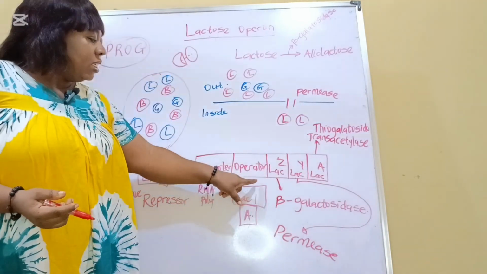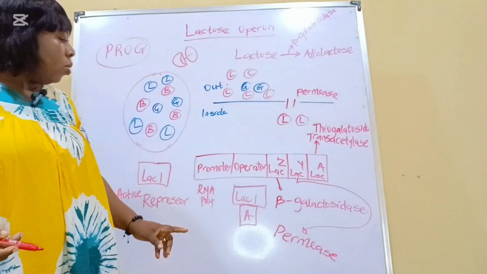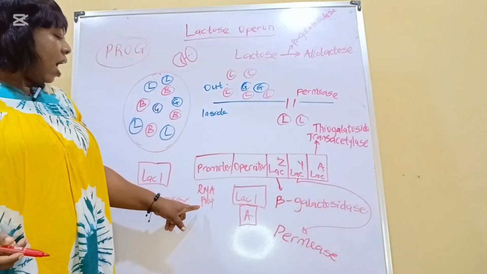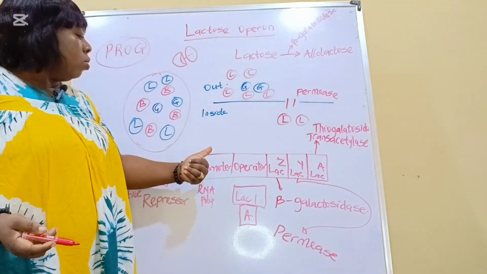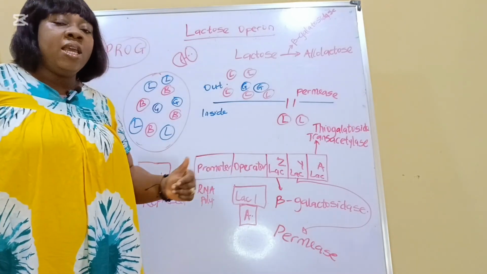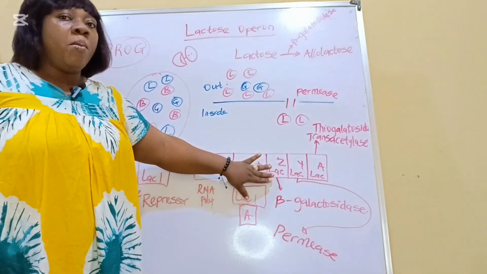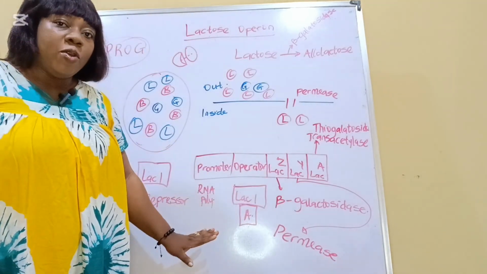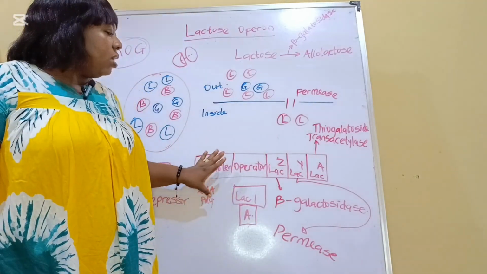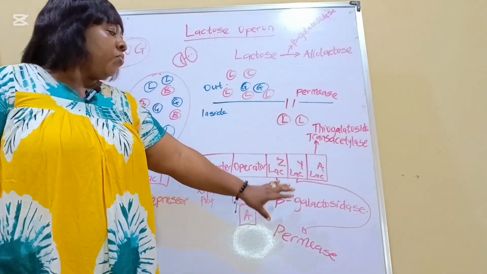Now you see that dissociation has opened the gate for us. As soon as this gate is opened, RNA polymerase will bind with this promoter, then initiate transcription. Then it can move past this because the gate has already been opened, so just free entry. As it initiates the transcription, we now move to these genes.